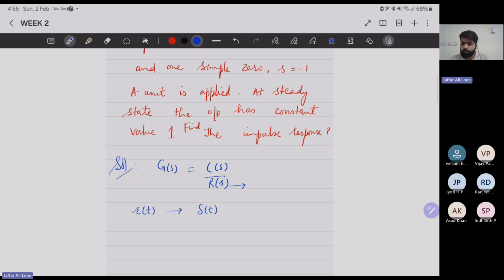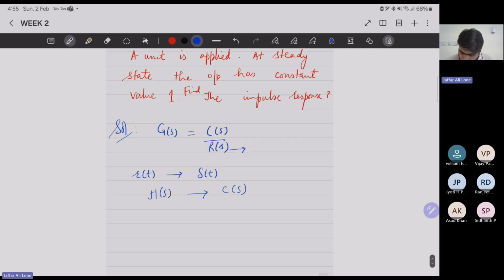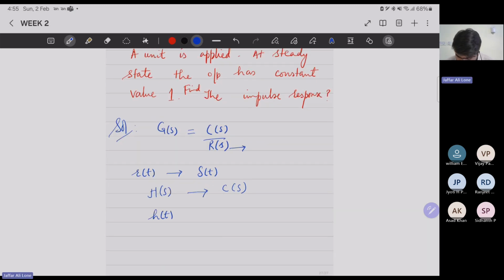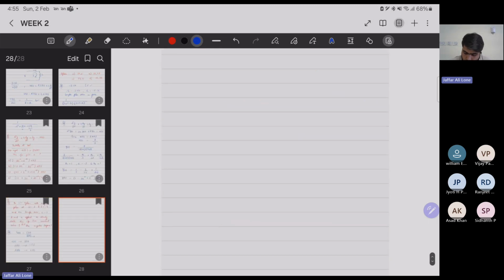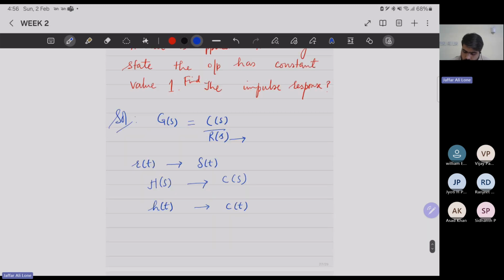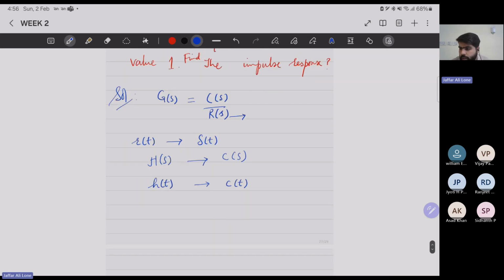Then this G(s), denoted by H(s) for simplicity, will be C(s), or in other words, h(t) in the time domain will be c(t). So when we give the input as an impulse function, the response that we get is called the impulse response, right?